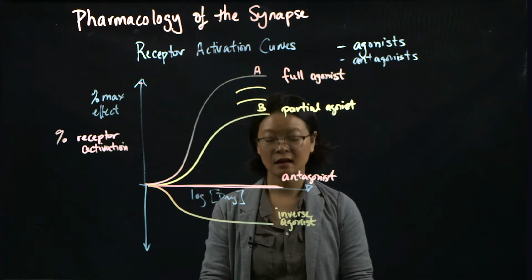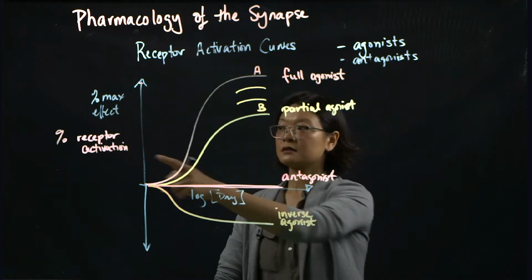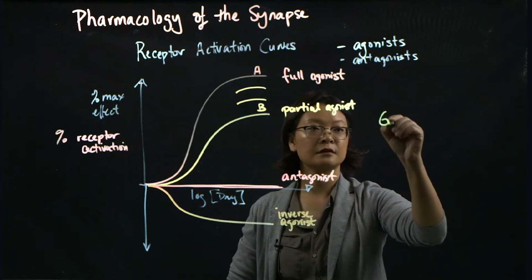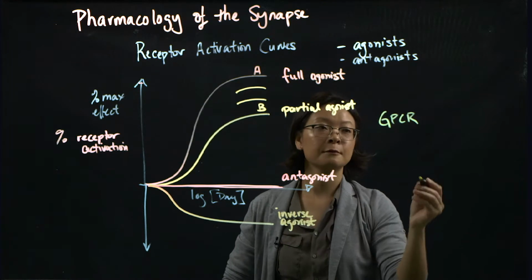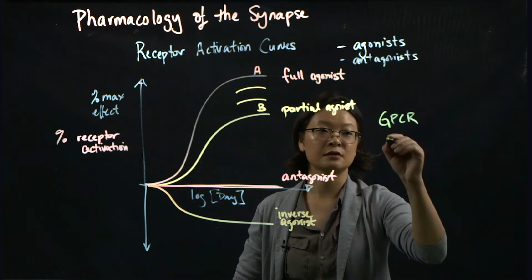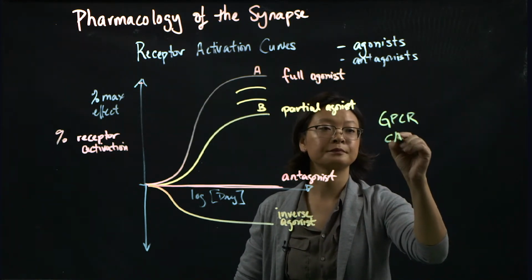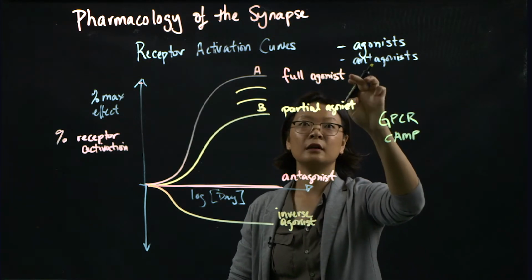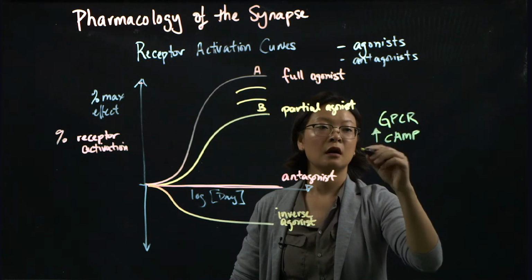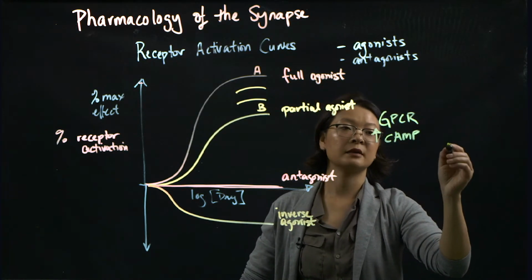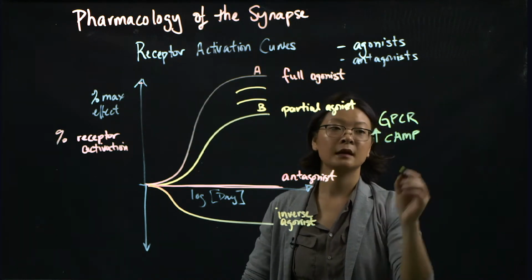So as an example, if this receptor was a GPCR that was linked to intracellular cyclic AMP, the full agonist would produce 100% maximum increase in cyclic AMP.